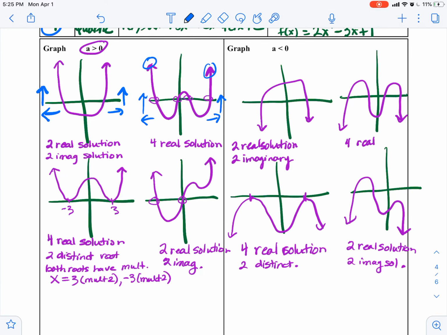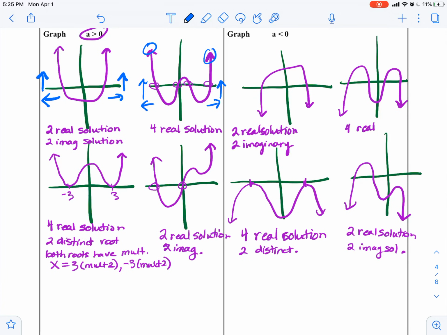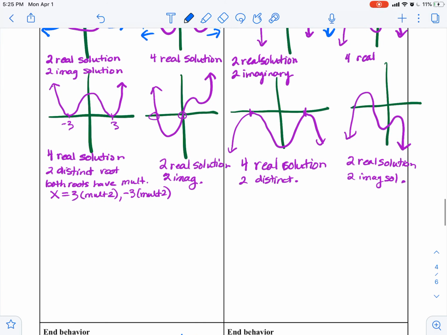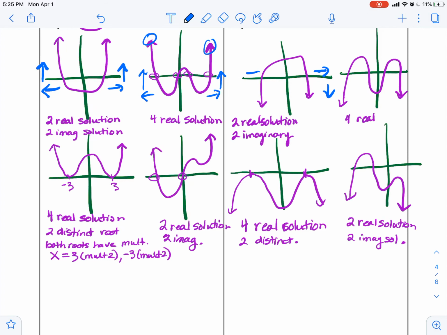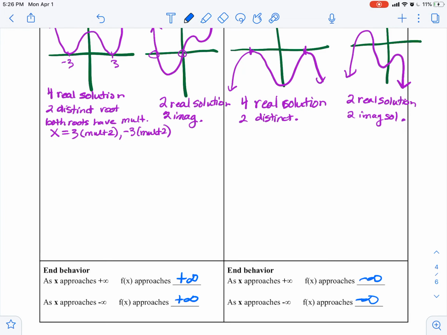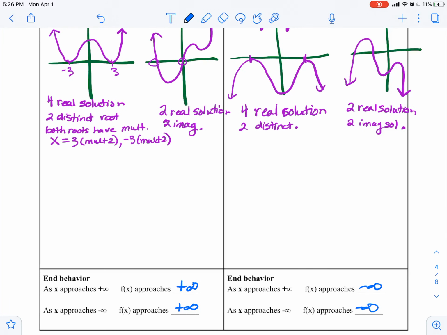When I flip it upside down and it becomes a negative, now as I go to positive, this goes to negative. And the same way as this goes negative, this goes negative. But the key here again to look at is what we talked about earlier, what I showed you, is these are the same.